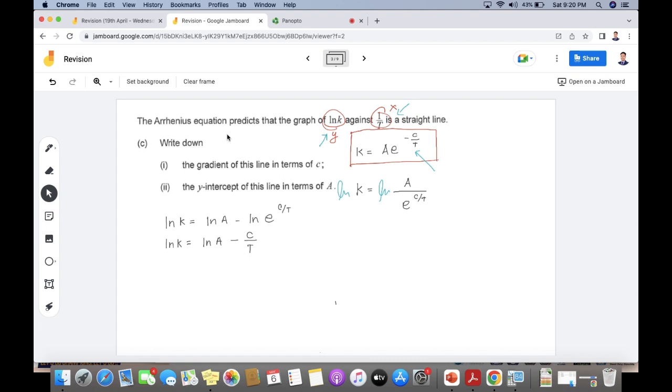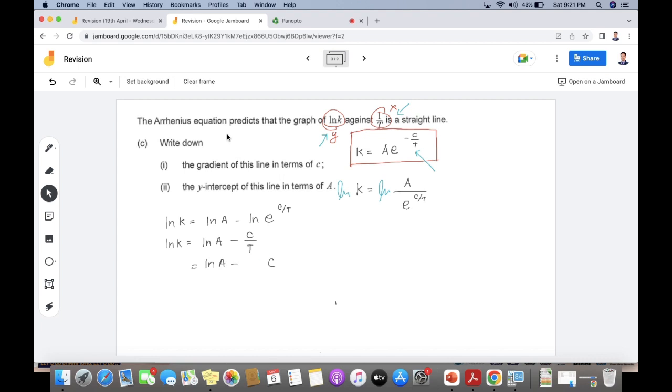All right, so to further analyze it, we can write this as ln k equals ln A minus 1 over T times C. Let me write this in red so that I can emphasize the variables.